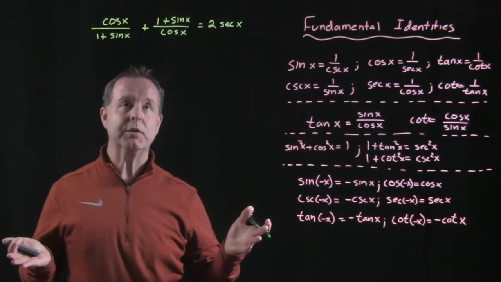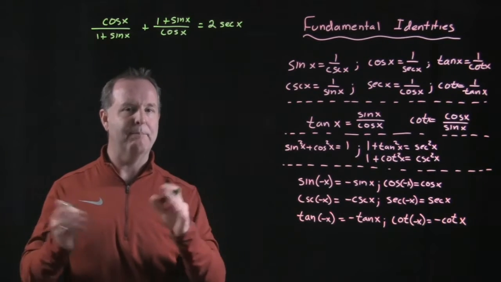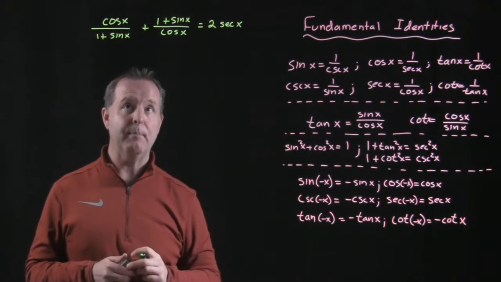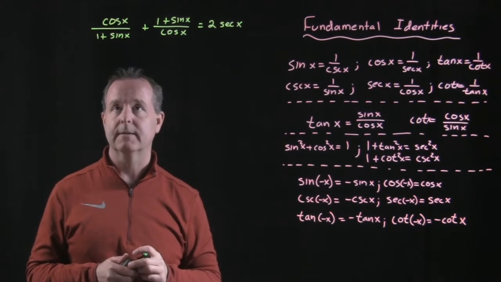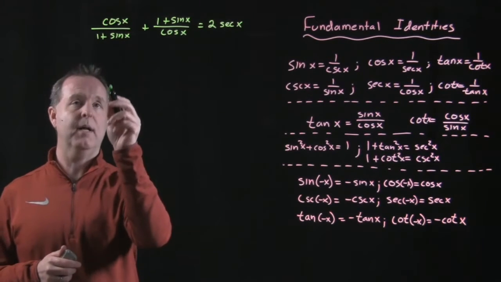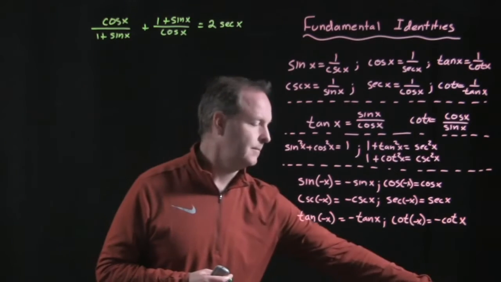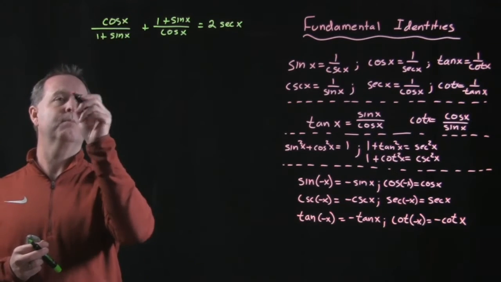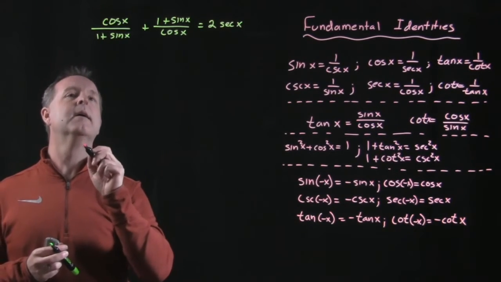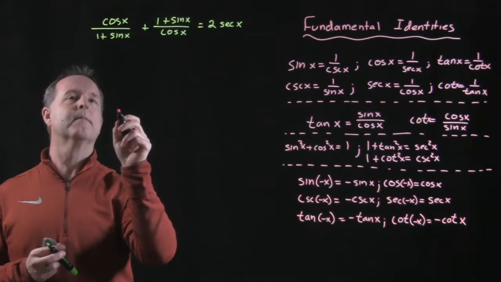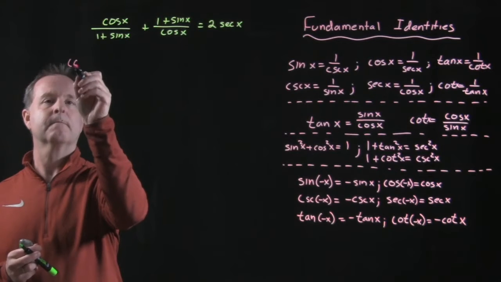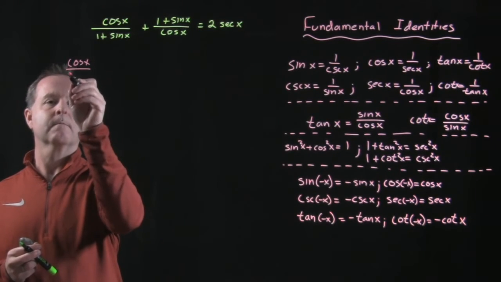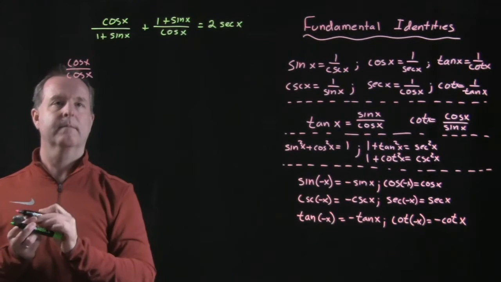I have a sum of two terms, so at one point I'm going to want to combine those. So let's combine those. And to combine those, we were going to use common denominators. So it looks like I'm going to have to multiply on the first one. I'm going to need to multiply the first one by cosine x over cosine x.